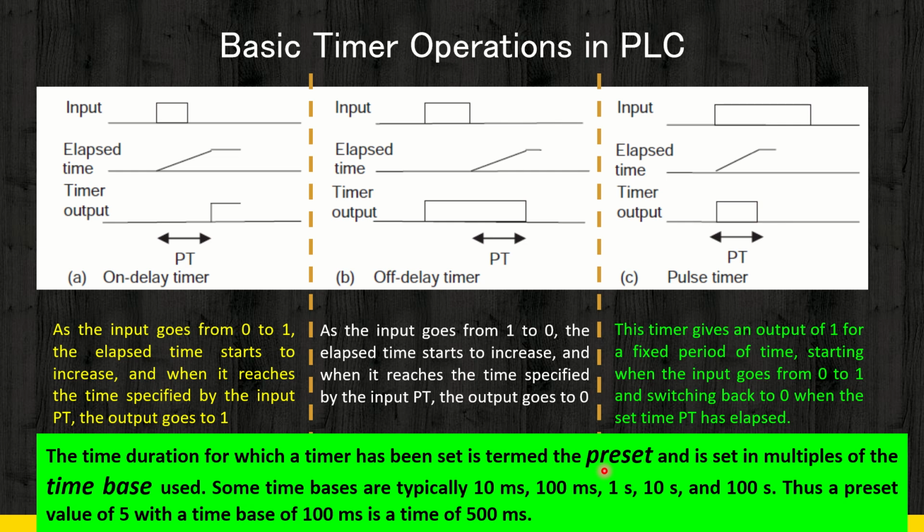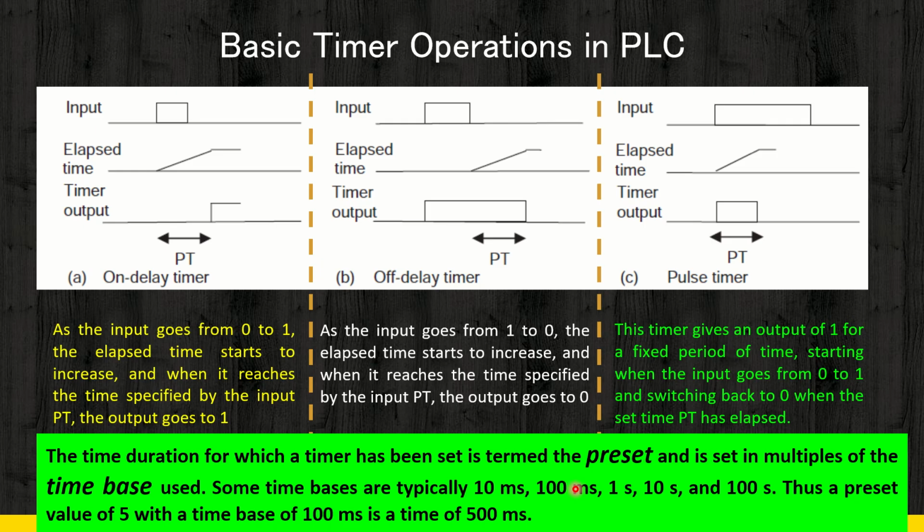So if a delay of 1 second is required, then 1 second is the preset. Your time base is 100 millisecond. Now you need to decide what constant factor has to be multiplied with the time base in order to get the preset.